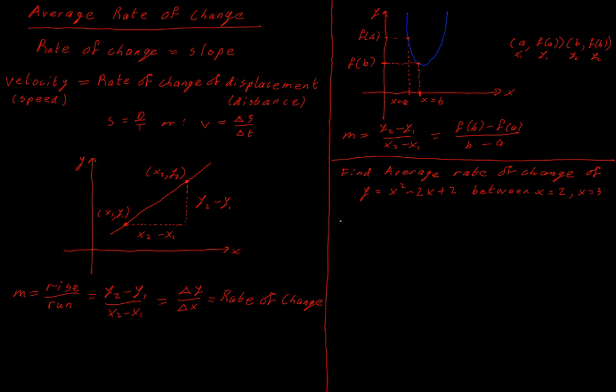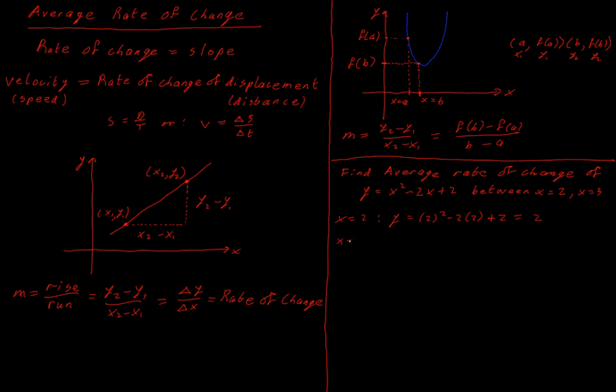So when x is equal to 2, what is y equal to? Well, y is equal to 2 squared minus 2 on 2 plus 2. So y is just going to be equal to 2.